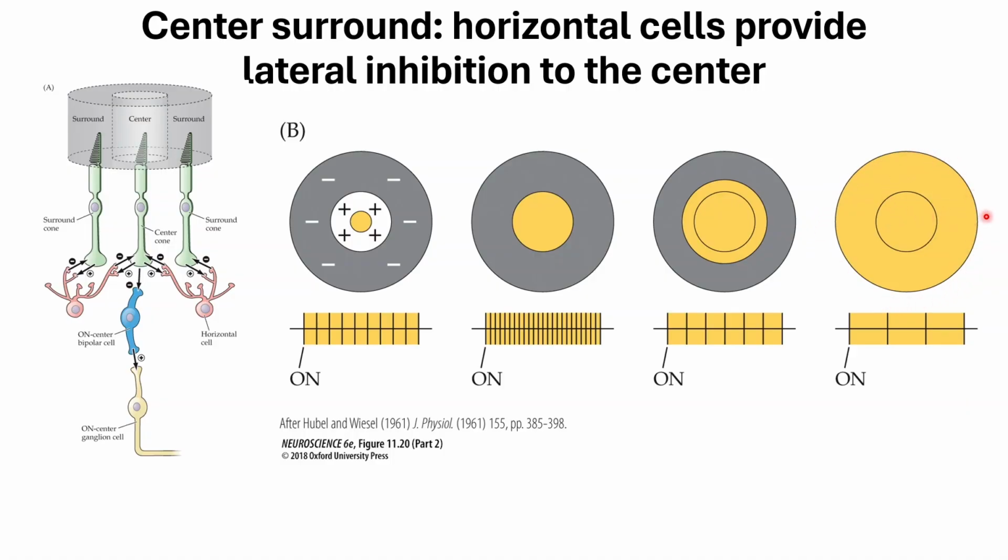And then as we illuminate even more of the surround, now there's even less glutamate at the synapse because of the inhibitory effect that's being placed upon the junction between the center cone and the on-center bipolar cell.